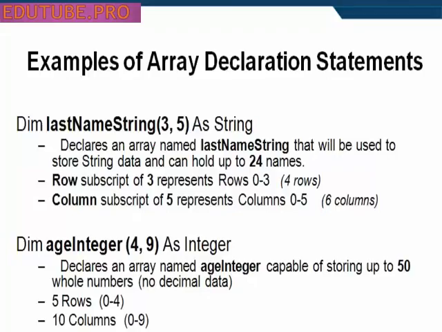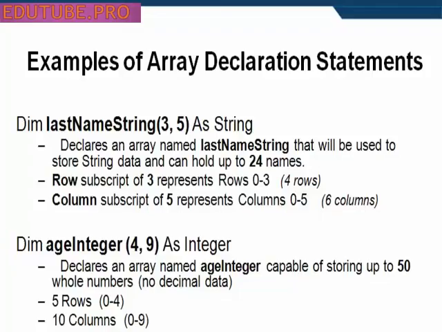Here are two examples of two-dimensional arrays. In the first example, we have an array called LastNameString with subscripts of 3, 5. The 3 represents the upper subscript for the rows, where the 5 represents the upper subscript for the columns.